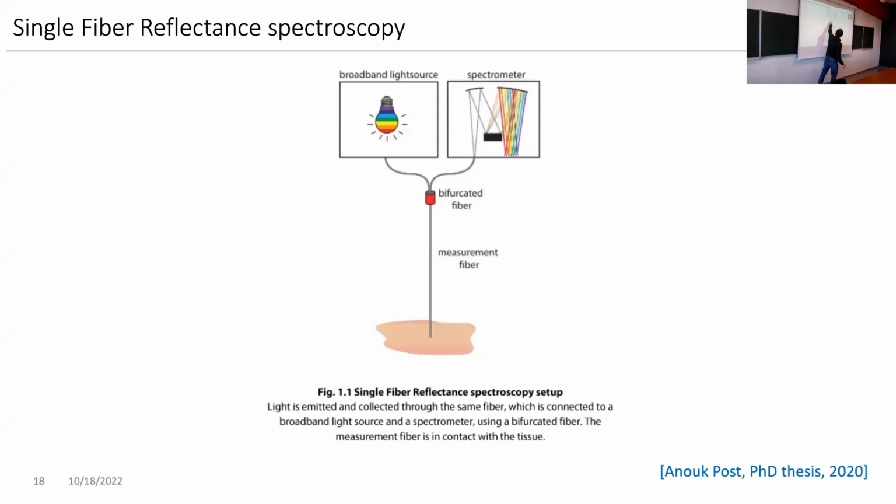There are 2 fibers here that touch a thicker fiber, the probe fiber. The light is coupled into this fiber, injected into the tissue, interacts, and is collected by the same fiber. Then part of it is split off to the spectrometer where it is detected.